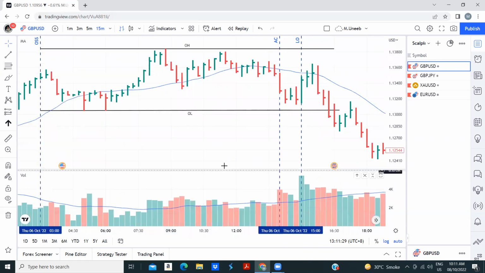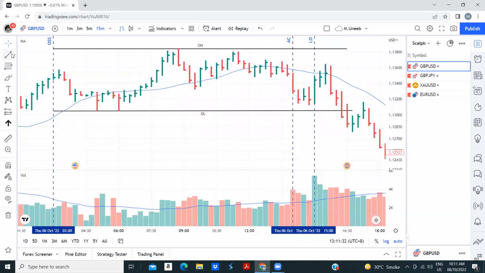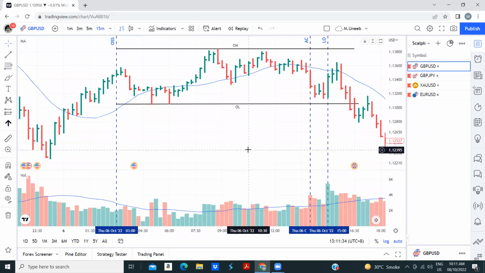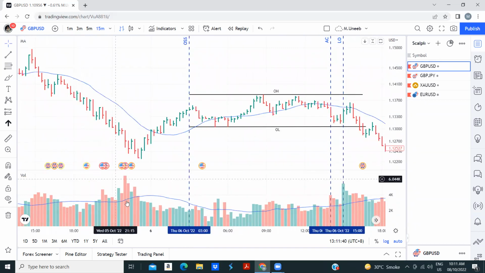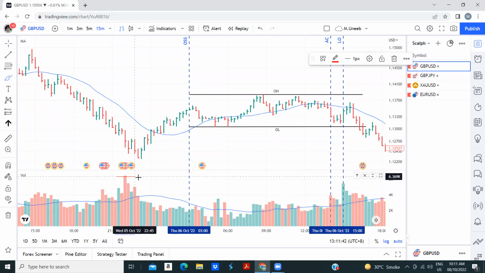Now what do we have else here? Now we have to determine the bias. You just see the move here. Once I see this move, I see the huge volume here. This is the first thing I see. At this point it's a selling climax.